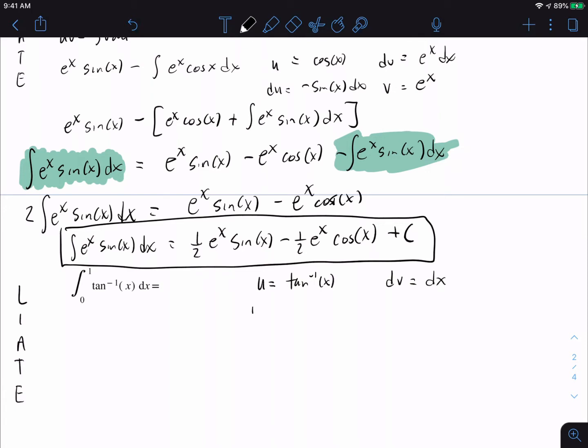Now, what is the derivative of inverse tan? You guys totally remember this, don't you?